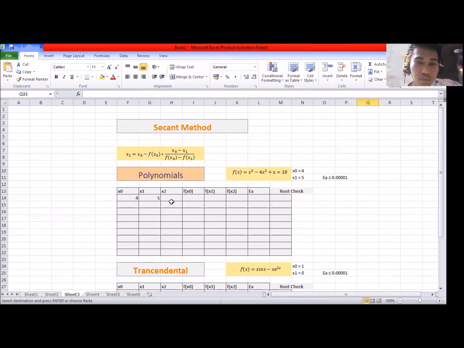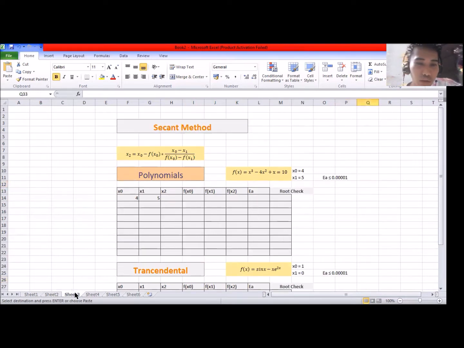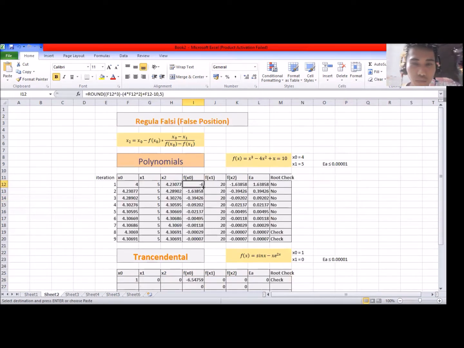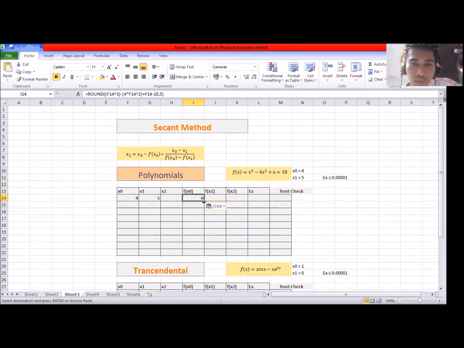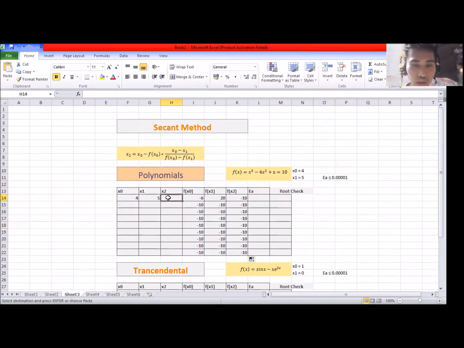So here we have functions equal to, again, let's copy this. So earlier we get the function of x of 2, then copy it here. So we get the initial value.